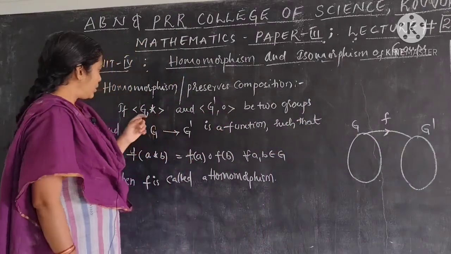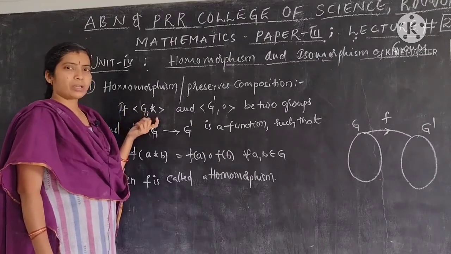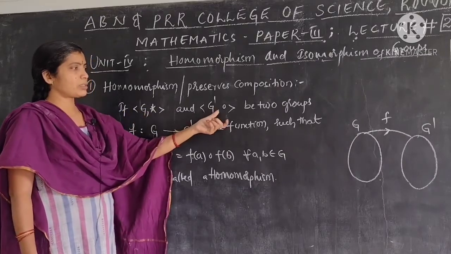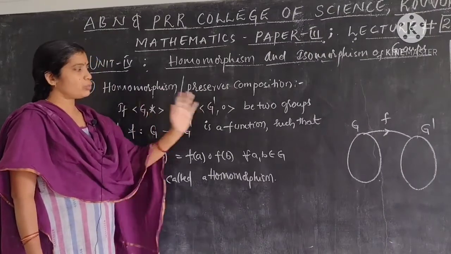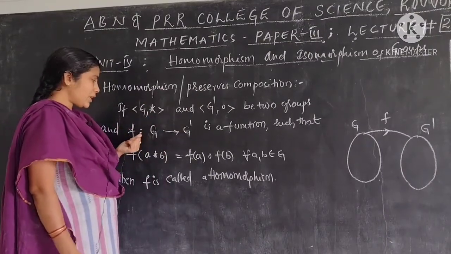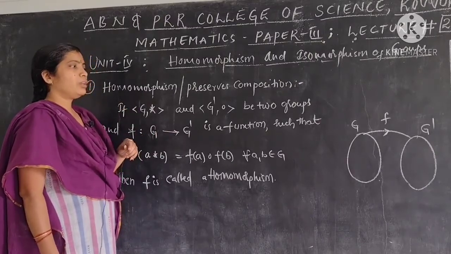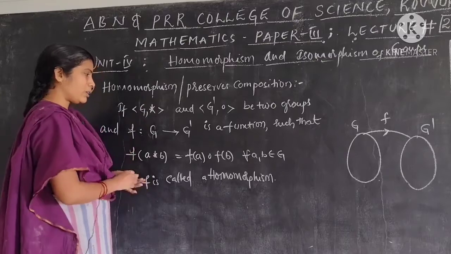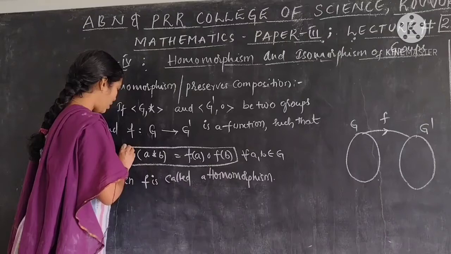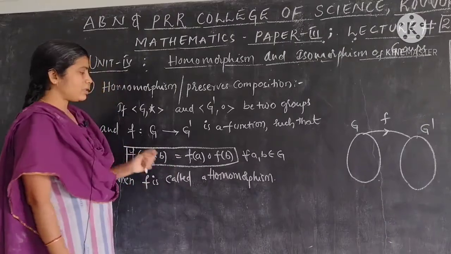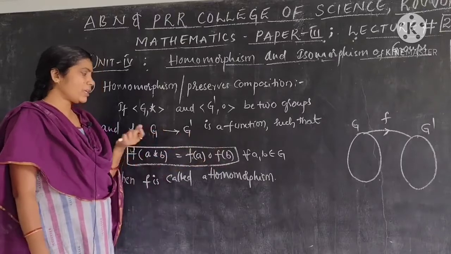Okay. Now coming to the homomorphism definition: if (G, star) is a group and (G dash, circle) is another group, that means we are considering two groups, and f from G to G dash is a function satisfying the condition f of a star b is equal to f of a circle f of b, where a and b are the domain elements.